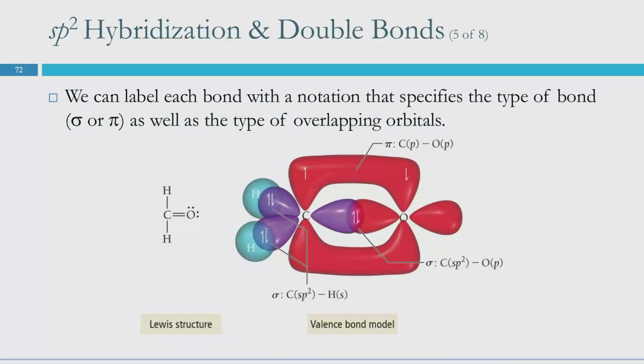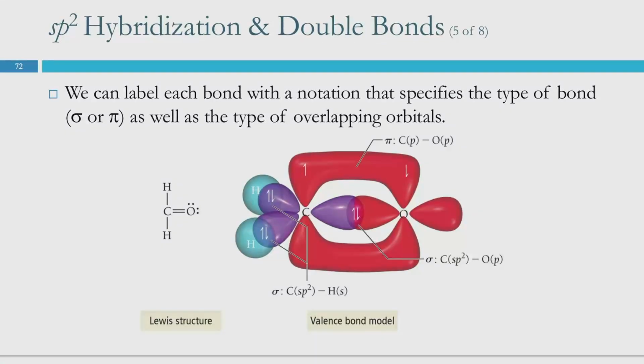So for an sp2 hybridization, we've got s and 2p orbitals. That's 3 orbitals. So we're going to expect 3 hybrid orbitals as well, and that's what we see for H2CO. We've got our carbon in the middle. It's got a bond to each of these hydrogens.